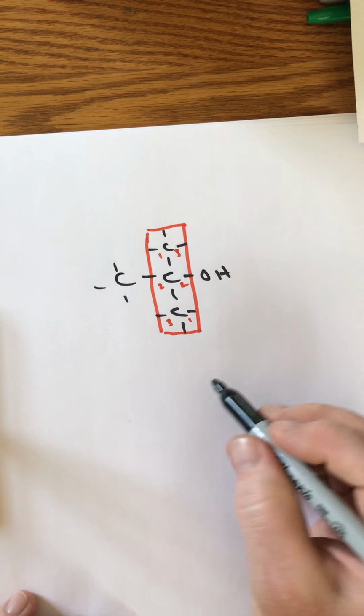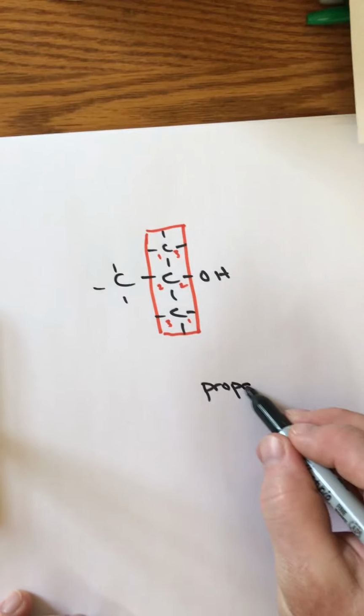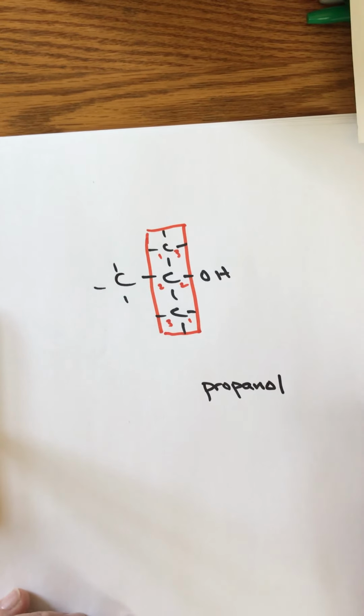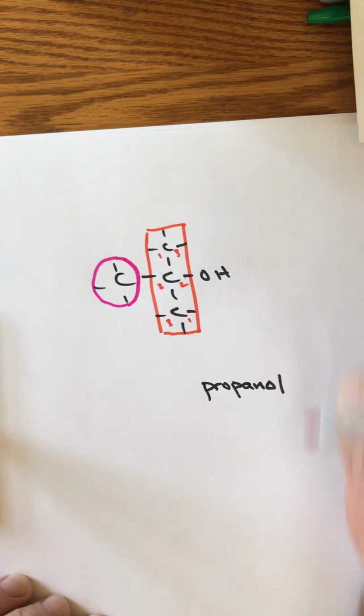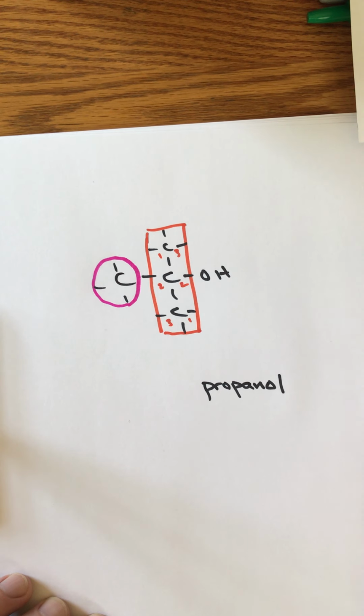Chain of 3, that's prop. Single bonds, that's ane. OH group on it makes an alcohol, propanol, but it's not just propanol. I also have a methyl group. Oh, and by the way, where was that OH group? What carbon was it on?